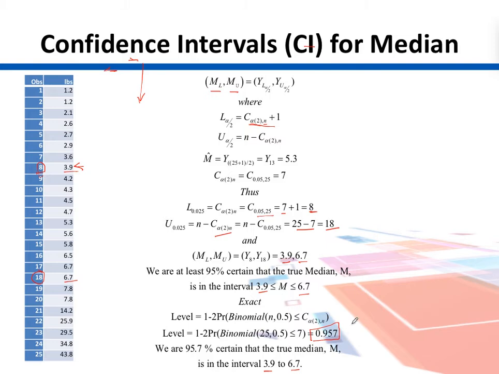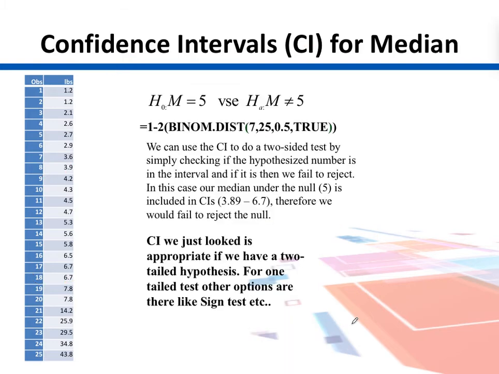And so we got our confidence interval. Now we do our hypothesis testing as H naught: median is equal to 5 versus HA: median is not equal to 5. We can also use this binomial formula to get the exact solution.